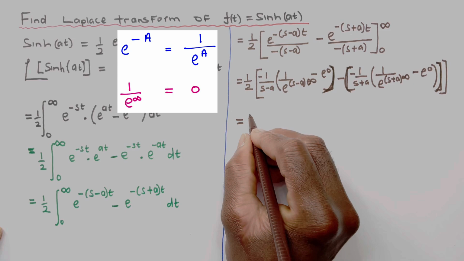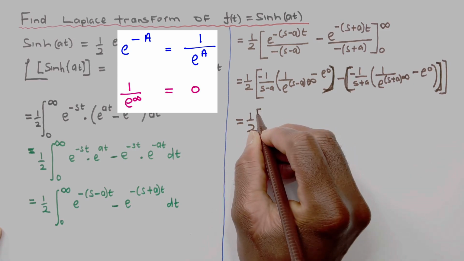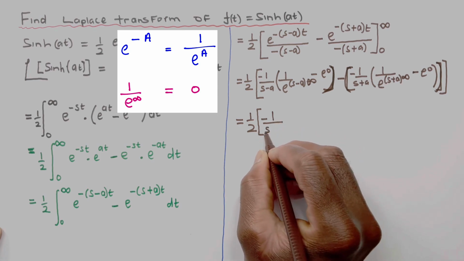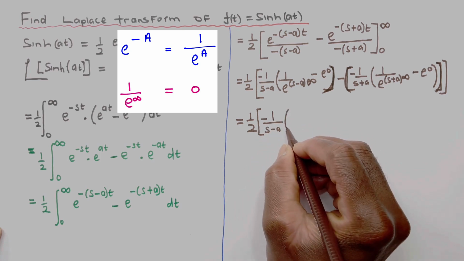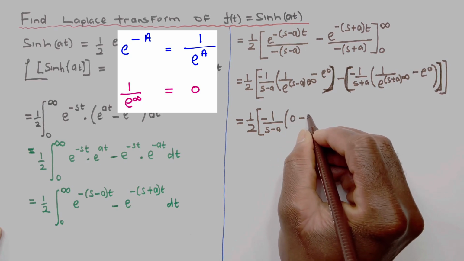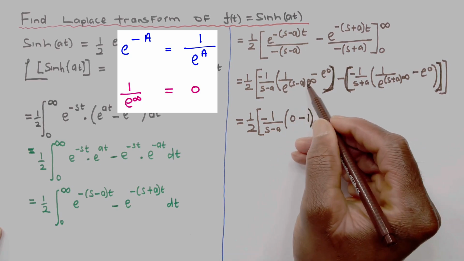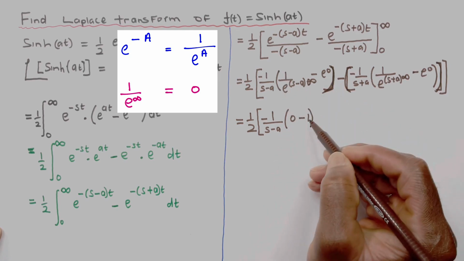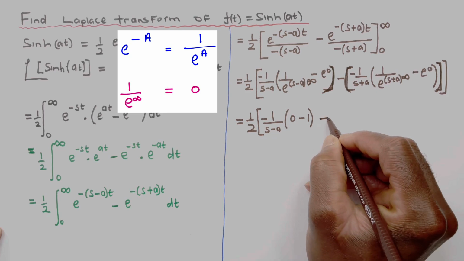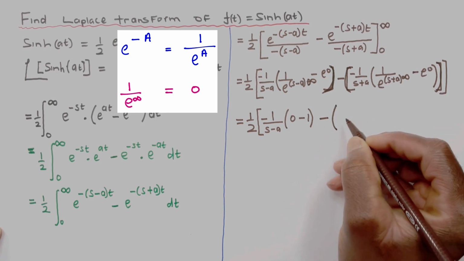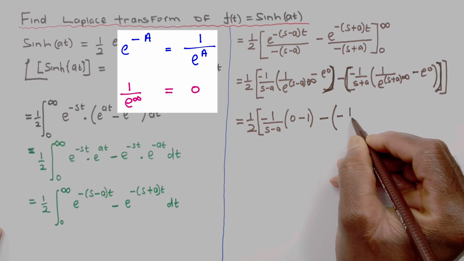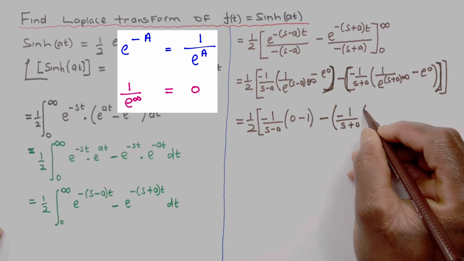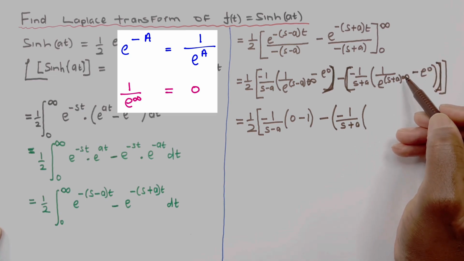And a half, open bracket, minus 1 over s minus a, open bracket, 0 minus 1, because 1 over e to power infinity is 0, and e to power 0 is 1, minus, open bracket, minus 1 over s plus a, open bracket, again 0 minus 1.